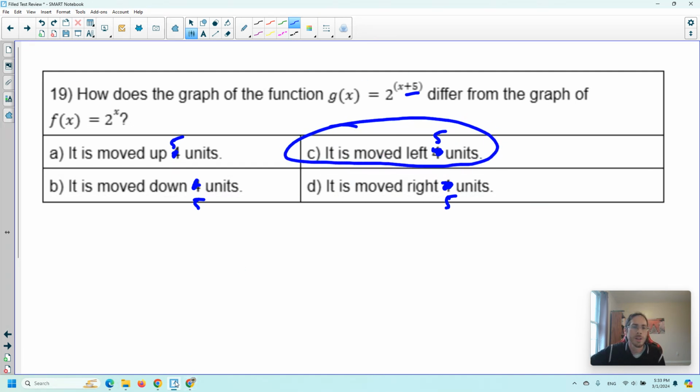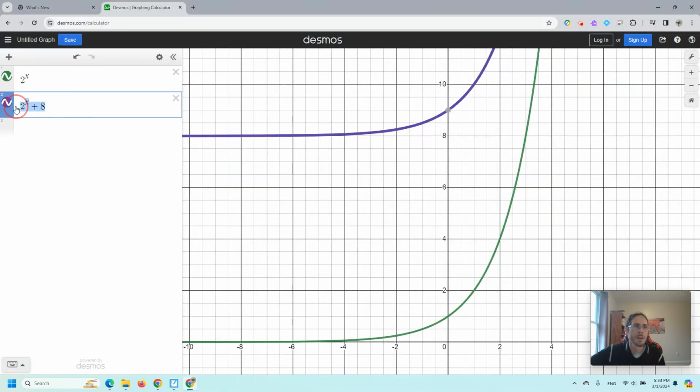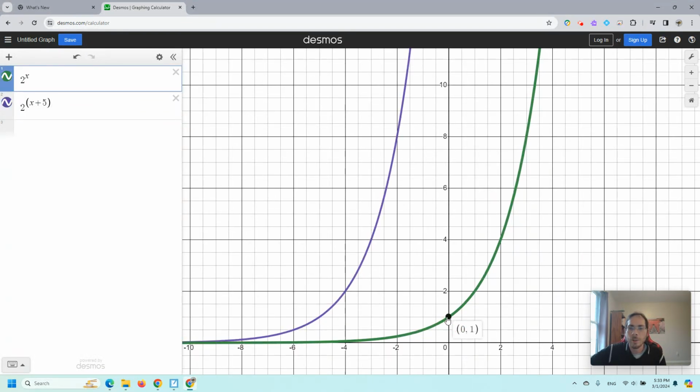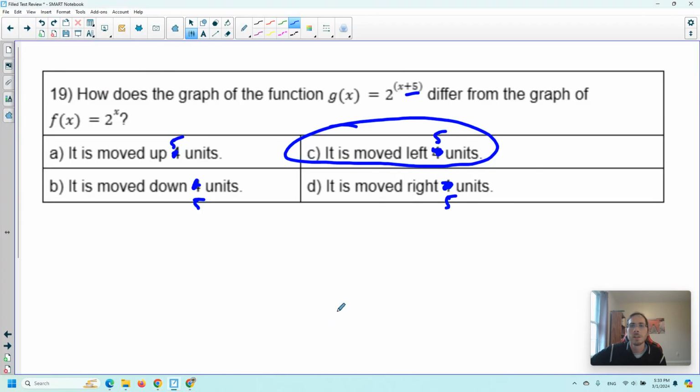We got 2 to the x. This time it's 2 to the x plus 5. And so we can see again, if we follow this point, we get 0, 1. I can follow it all the way over here to 5. So negative 5, 1. So we went to the left 5. And that's it. That's all there is with number 19.